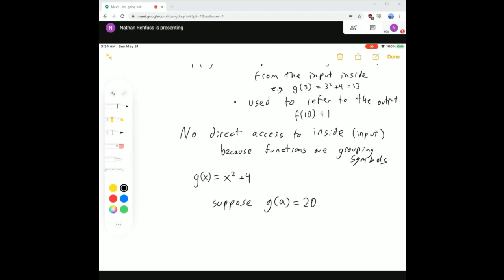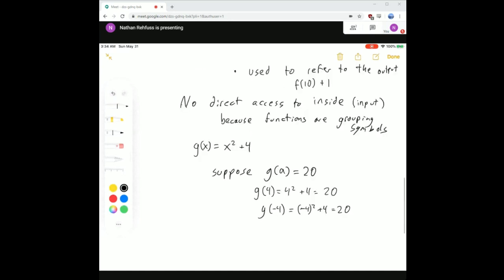What is a? Well, I know that g of 4 equals 4 squared plus 4, which is 16 plus 4 is 20. But I also know that g of negative 4 equals negative 4 squared plus 4, which is also 16 plus 4, which is 20.